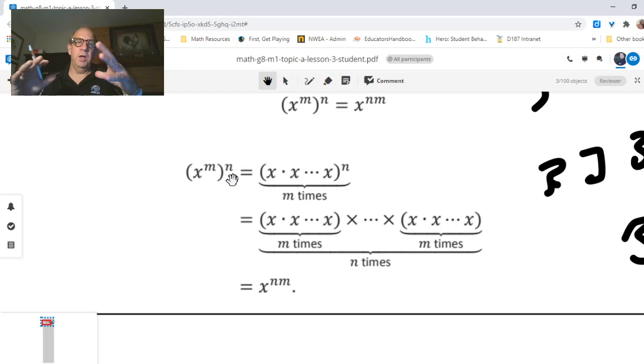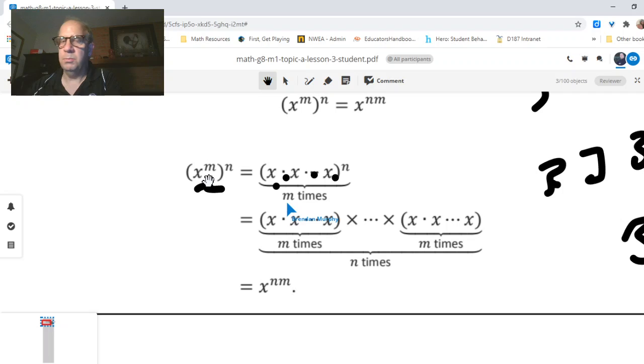So basically what I'm saying is I have n groups of m's. And if you think about that, that's multiplication, right? So this x to the m is x times x times x times x, m number of times.